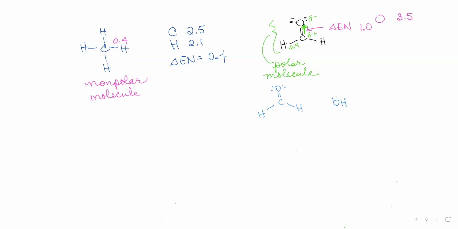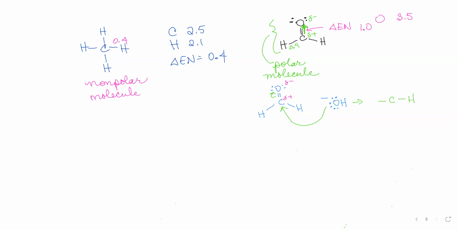Would a reaction occur? And if so, where is the most likely point at which it would occur? Since we know this is delta positive and this is delta negative, and I have a full negative charge on my hydroxide, we know opposite charges attract. So my hydroxide would be attracted to my carbon, which is slightly positive. Because of that, it would form a bond here, and these electrons would get kicked out.